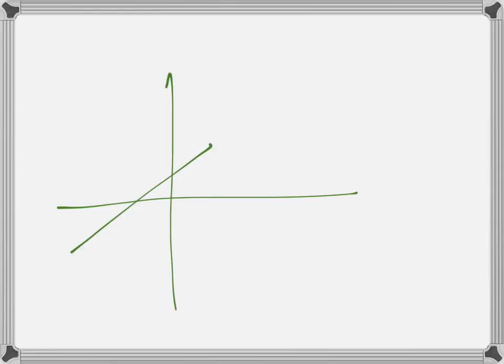Now, if you had some crazy graph, like, for instance, a graph that was linear up to here, and then it jumped up here, and it was linear again, like a piecewise graph. And let's say this x value is 2.